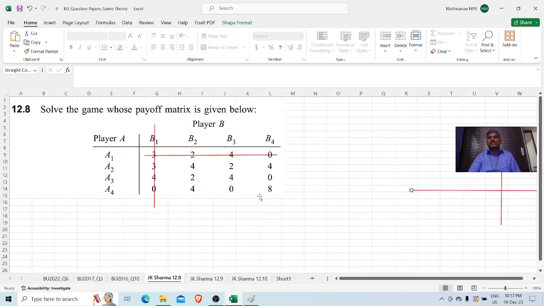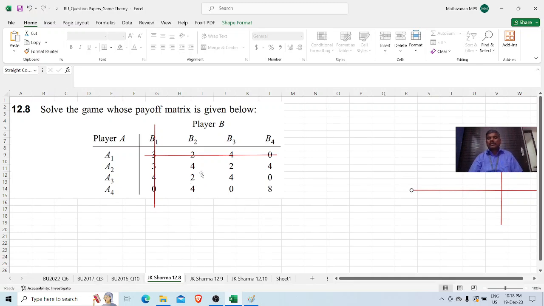We can try and see if we can combine two strategies and see if the combination is giving a better gain for player A. Similarly, we can combine the columns and see if the combination of the strategies gives lesser loss for player B. We'll try to combine the strategies A3 and A4 and take an average.